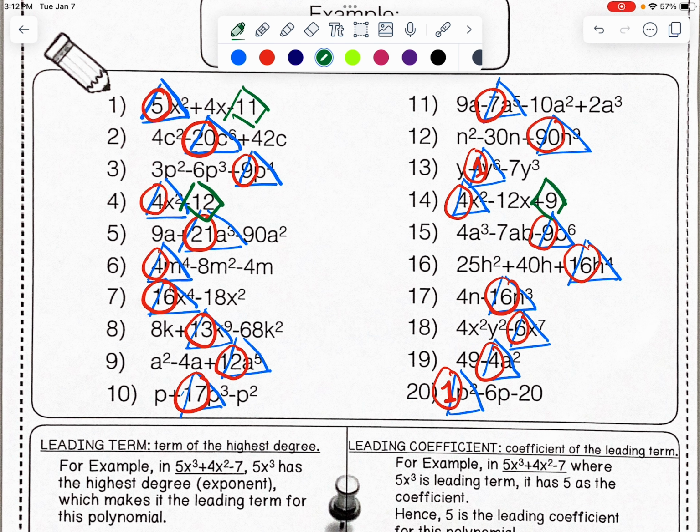It's 9. It looks like the only other one that has one would be 20, which is actually negative 20. So only the terms that are only a number, there's no variable attached, those are constants. So the only ones with constants here are 1, 4, 14, and 20.